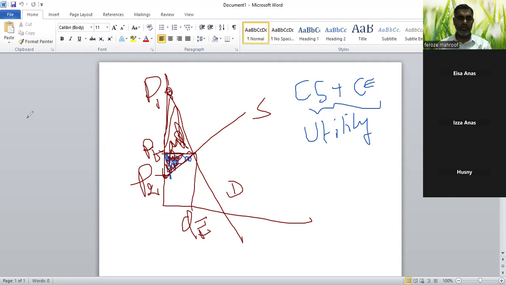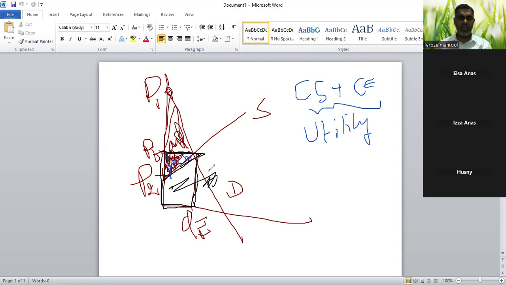What I am showing now in the black color is the total revenue as well. Consumer expenditure and producers' revenue are equal in market equilibrium. So this is the full total revenue. What is shown in blue color is producer surplus.